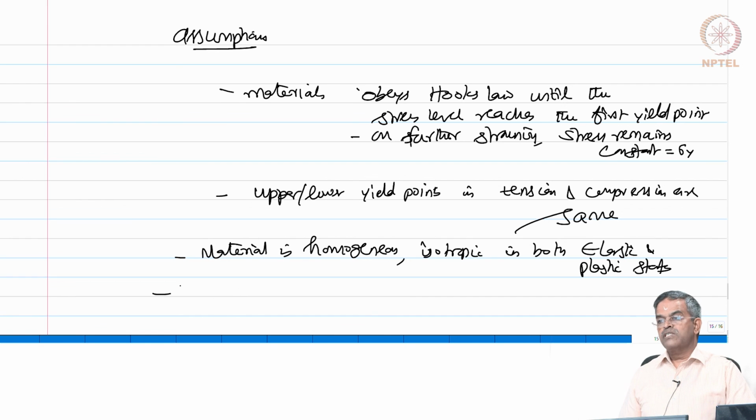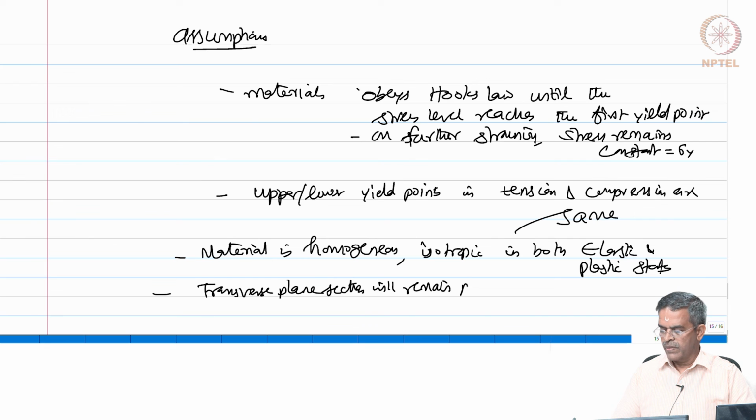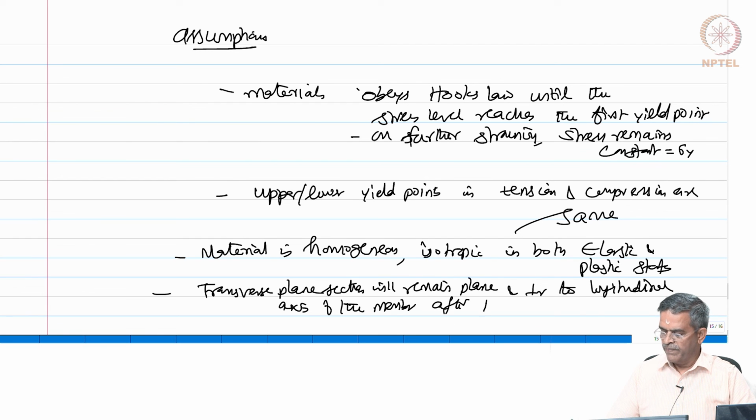The last assumption, which is the foremost important assumption: the transverse plane section will remain plane and normal to the longitudinal axis of the member even after bending.